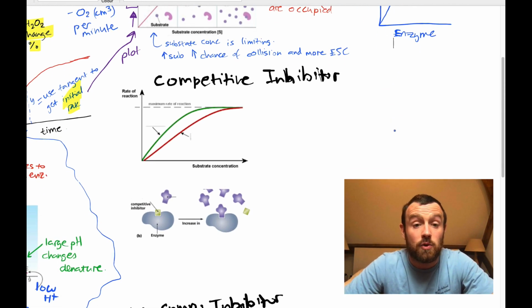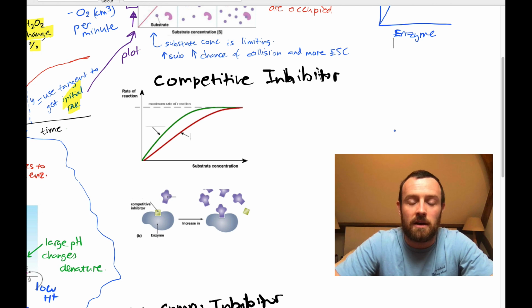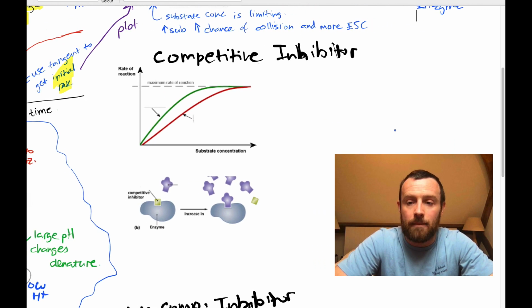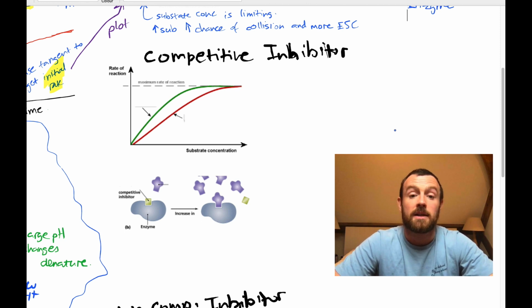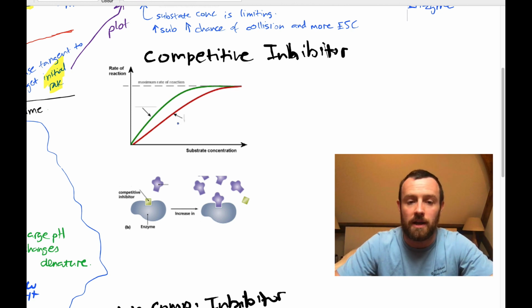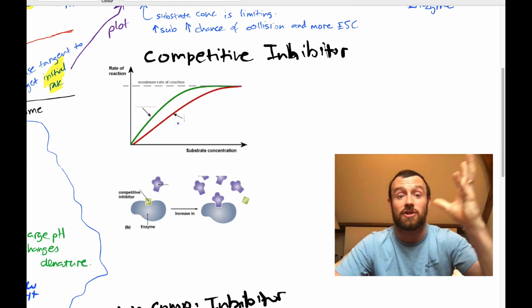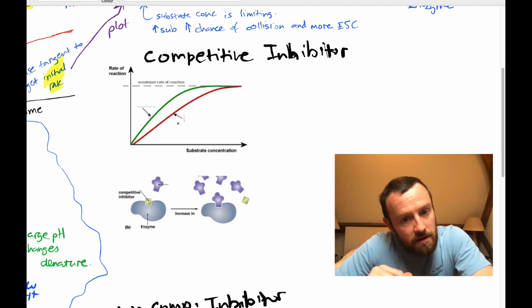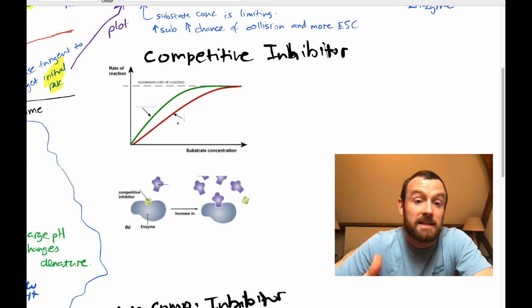Now let's go down here and talk about inhibitors. Now you've got to recognize this graph. This is such a key exam question type thing. This graph here, right? If you see that, immediately in your mind, competitive inhibitor should flash. Okay, let's explain why this graph is like it is.